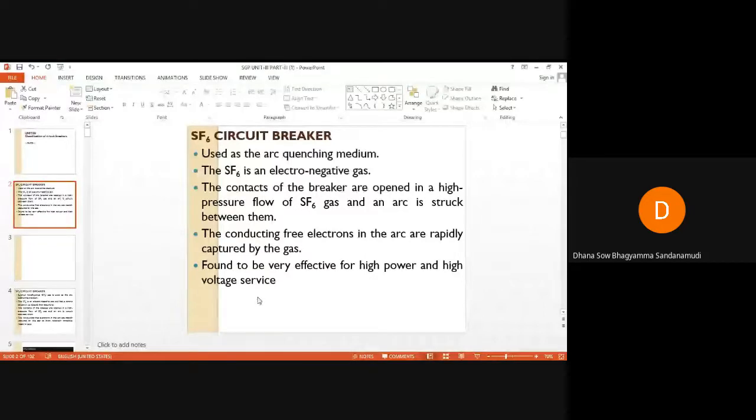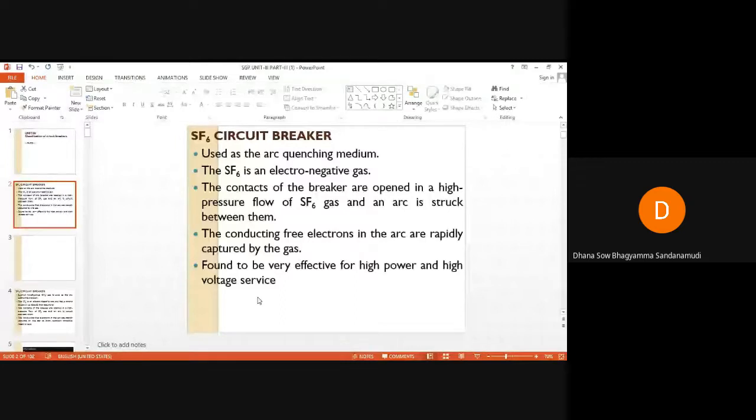Whenever the circuit breaker contacts are opened in a high pressure flow of SF6 gas, and an arc is struck between the contacts, this high pressure flow of SF6 gas will take away the heat from the arc, and the arc will be extinguished at some current zero point.